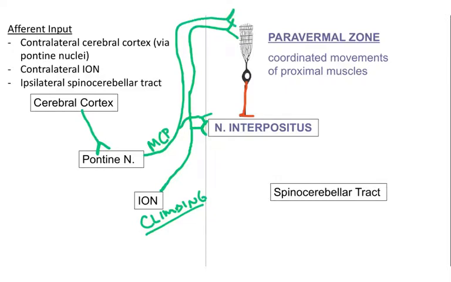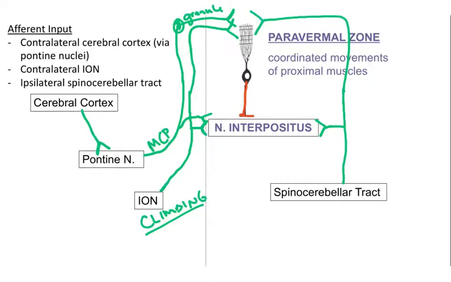And once again, it's through a mossy fiber, so this would actually be through a granule cell. The spinocerebellar pathways are going to give rise to mossy fibers that are going to enter the cerebellum, activate the nucleus interpositus, and then go up to activate the Purkinje cells.